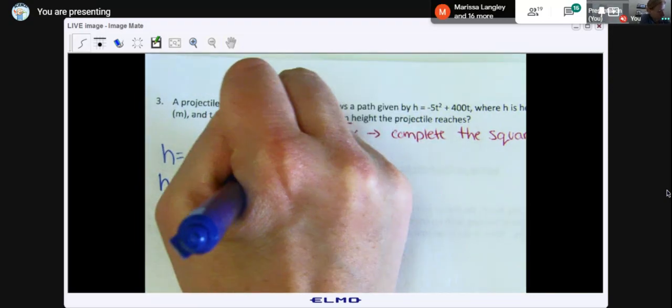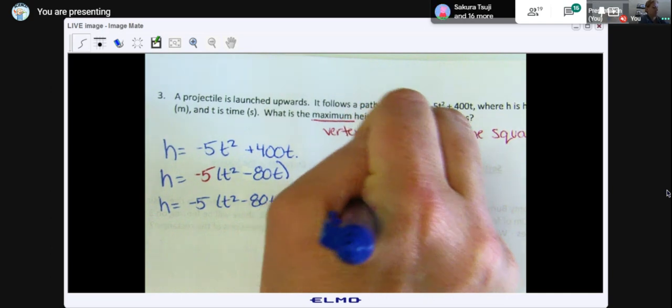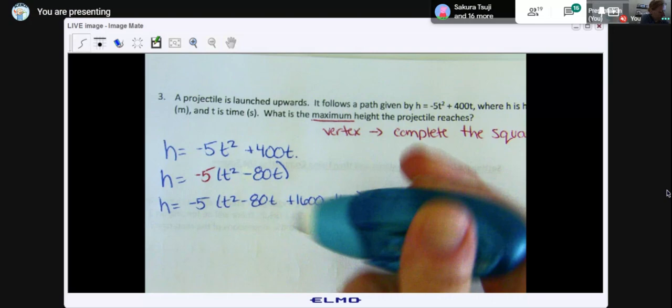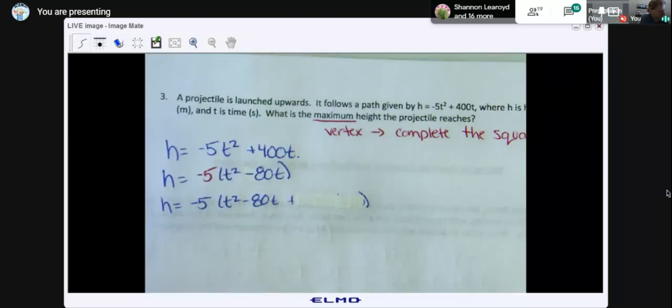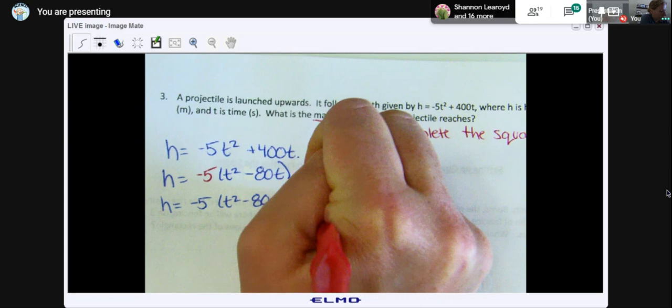Okay, first step is factor out negative 5. Find your m value. Remember that m is b divided by 2, then squared. So negative 80 divided by 2 is negative 40.